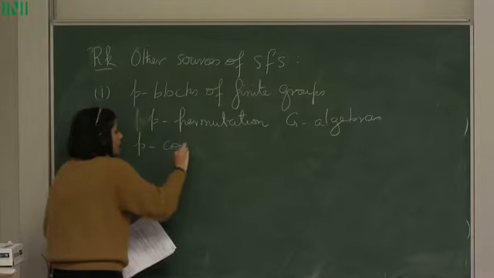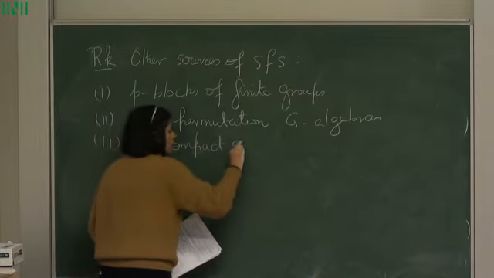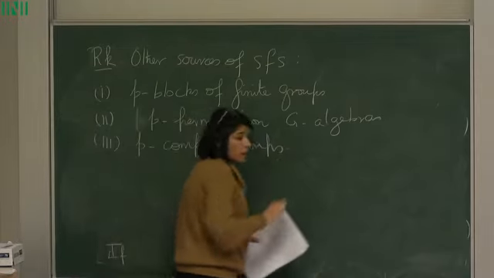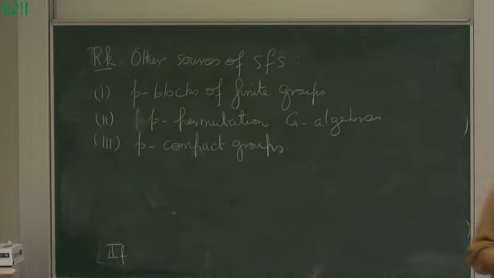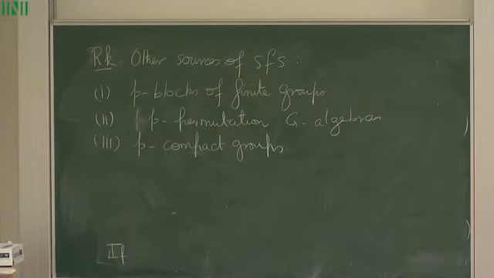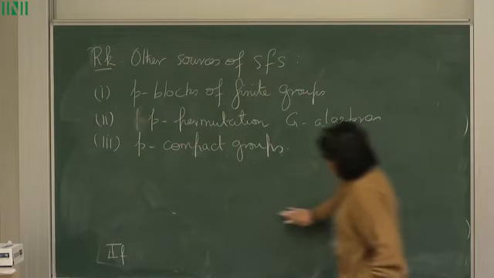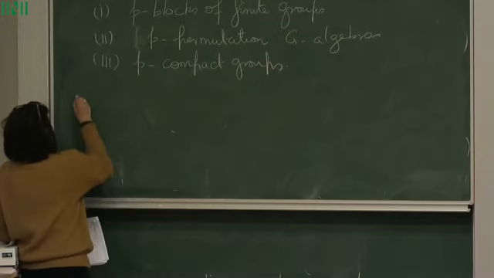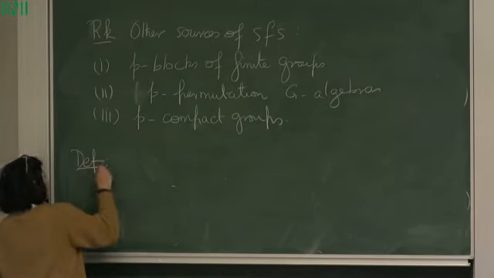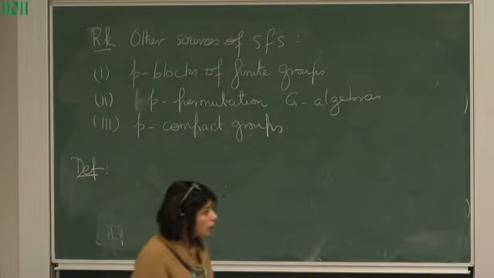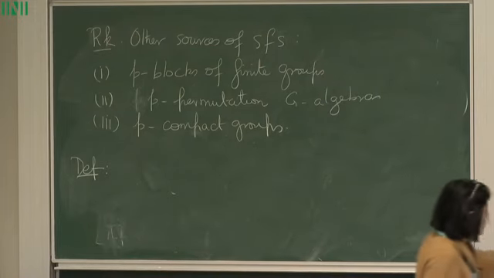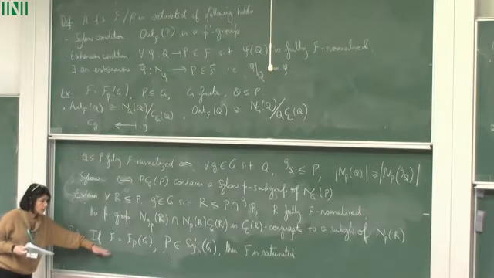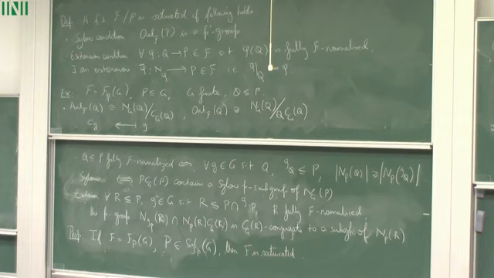For example, p-compact groups also give you saturated fusion systems. But nevertheless, we want to hone in on fusion systems that arise from this situation. So we make a definition.